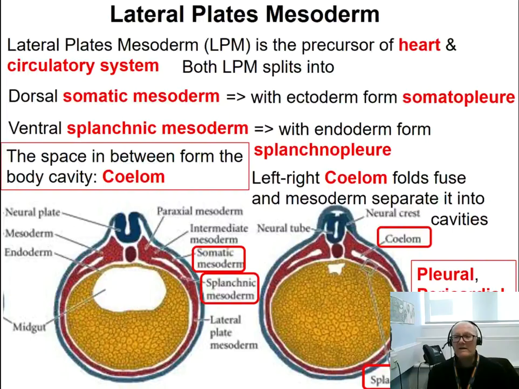The pleural cavity forms the thorax, where the lungs of the animals are situated. The pericardial cavity is where the heart is situated. And then we have the peritoneal cavity, which is the abdominal cavity, where the different organs, including liver and pancreas, are situated.